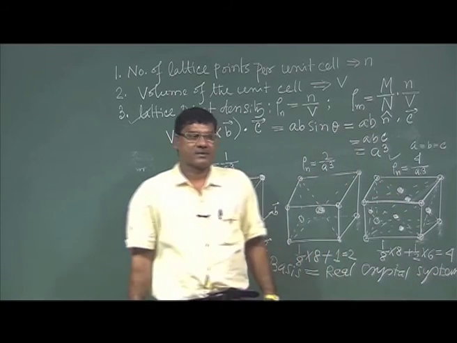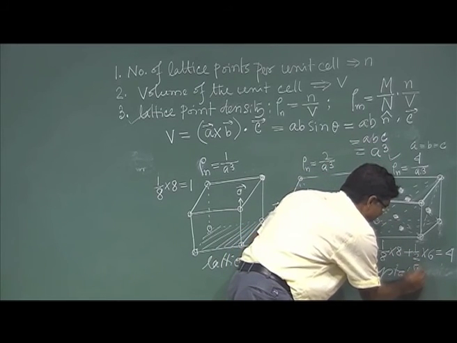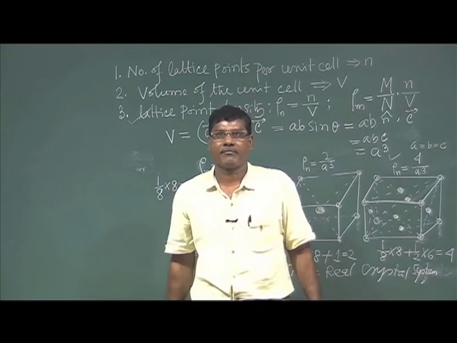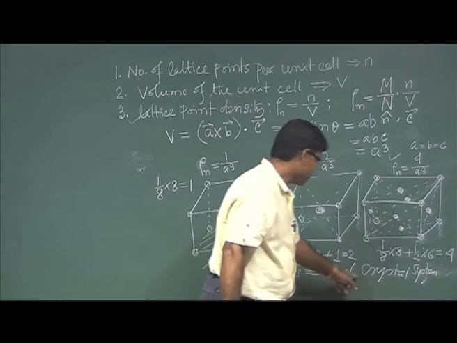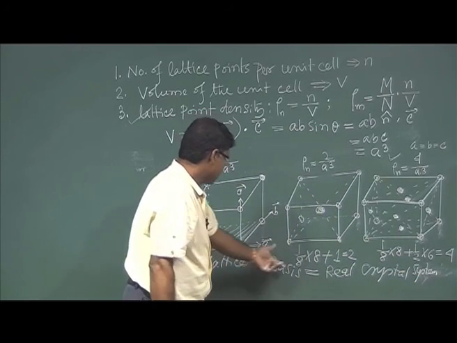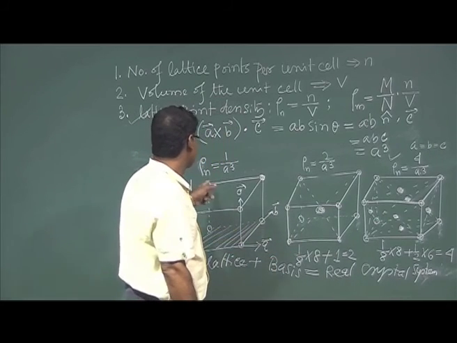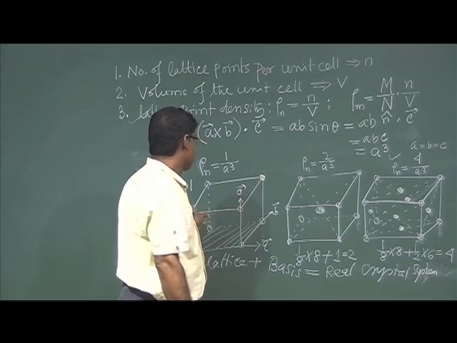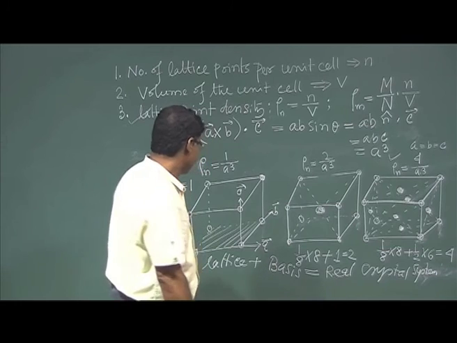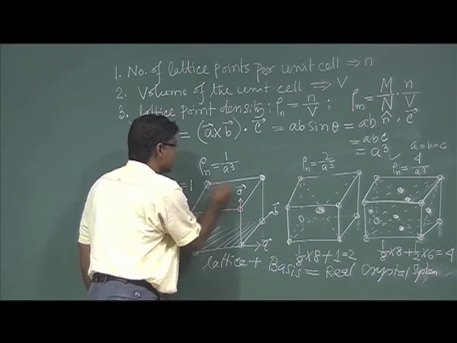The basis is basically an atom or group of atoms attached to each lattice point in the same manner. If it is one atom, it can be just at the position of the lattice point.